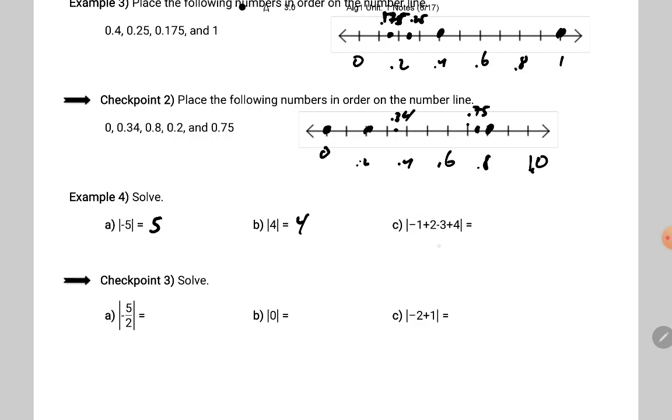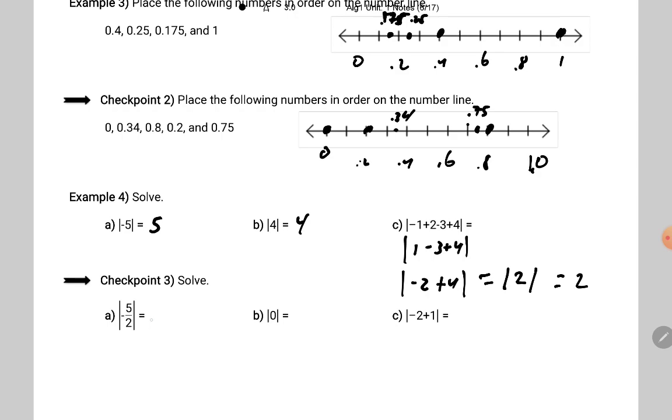If you're doing any PEMDAS problems, do the inside first. So -1 plus 2 is 1. So 1 minus 3 plus 4, absolute value. 1 minus 3 is -2, and then we have plus 4. So the absolute value of 2 is 2. The distance away from 0.